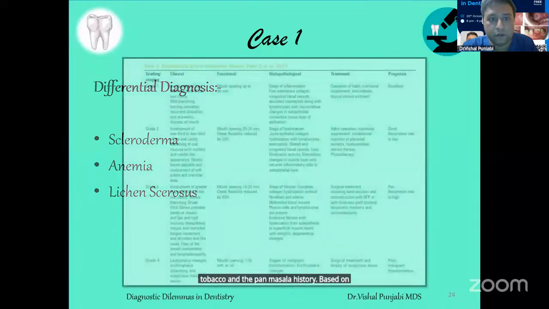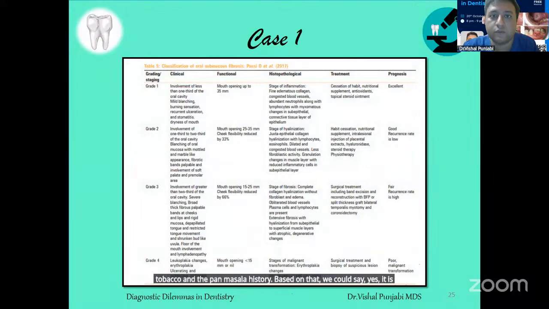Based on that, we could say yes, it is oral submucous fibrosis, and this is the basic classification of the grading, grade 1 to 4 for oral submucous fibrosis, depending on so many factors. It is multifactorial: clinical, functional, histopathological, treatment, and what will be the prognosis based on that particular grade.